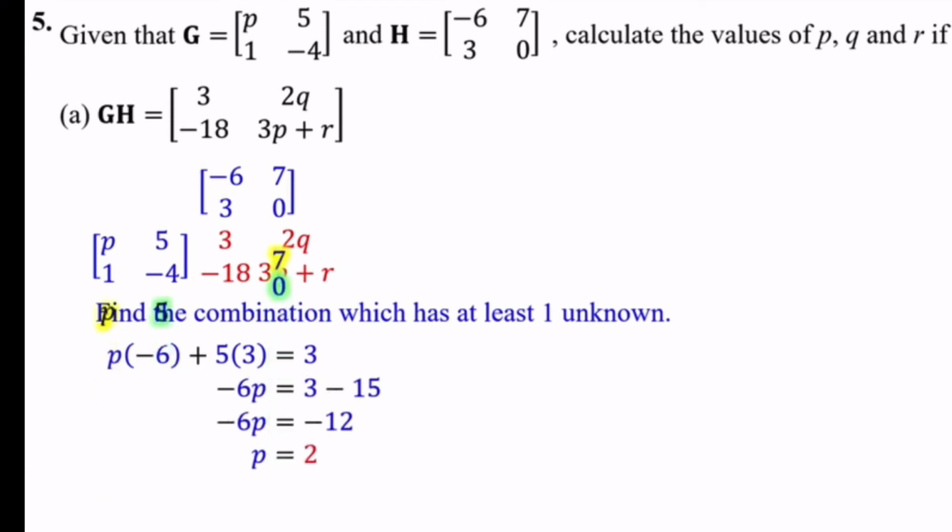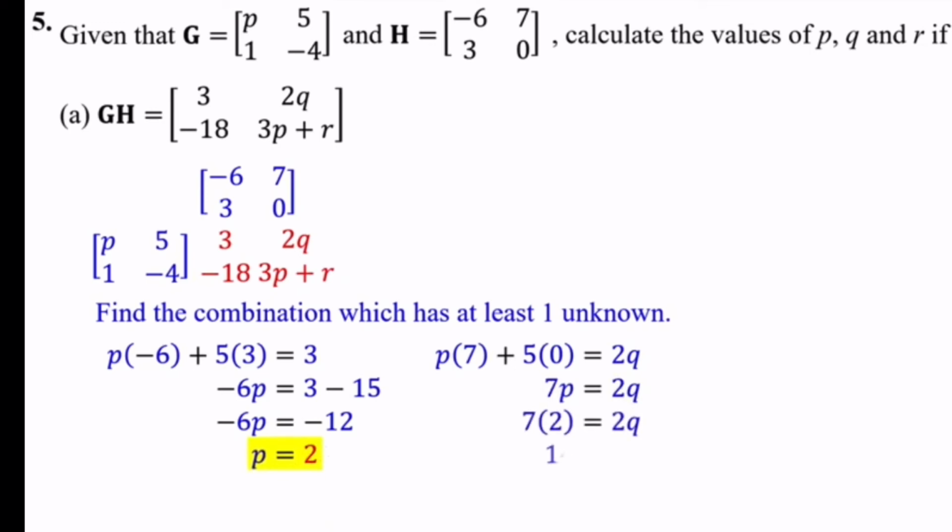After we solve the p, now we focus on another one, which is 7p plus 5 times 0 equal to 2q. Alright, so the p we found out already, we can substitute back. Right, so then we can solve the value for the q. Okay, so we have solved the value for the q. Now finally, we will look for another unknown to solve, which is 1 times 7 plus negative 4 times 0 is equal to 3p plus r.